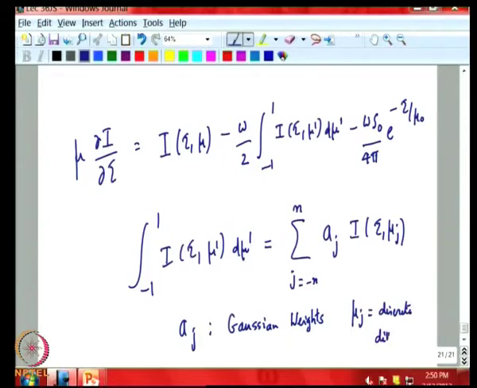So, essentially what you are doing is replacing the continuous variation in this integral by discrete directions. So, you have to continuously vary mu from -1 to +1. Now, you are going to decide to replace it by maybe 2, 4, 6, 8 or 16 directions, and then for each of the directions you will find an appropriate weighting function.